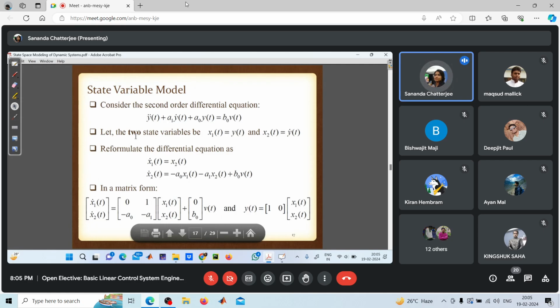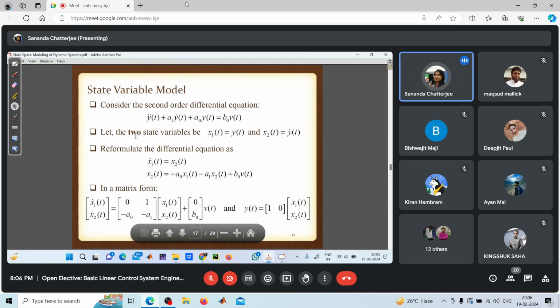In case of transfer function model, you have the input and output properly described, so the relationship between the input and output will be fixed. Therefore the transfer function representation is unique in nature. But in case of state space model, this is not unique, meaning you can have more than one representation, and all of them, if done properly, are correct.